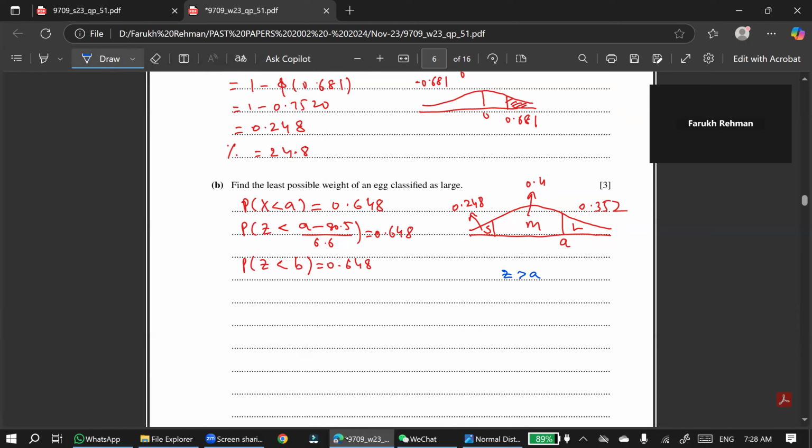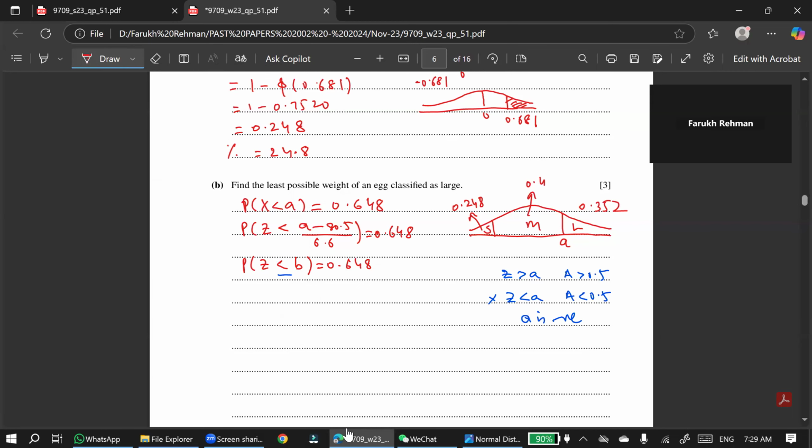Now, if Z is greater than A and the area is greater than 0.5, or Z is less than A and the area is less than 0.5, then A is negative, otherwise positive. Now, here it is less than and the area is greater than 0.5, so this one is not applicable.